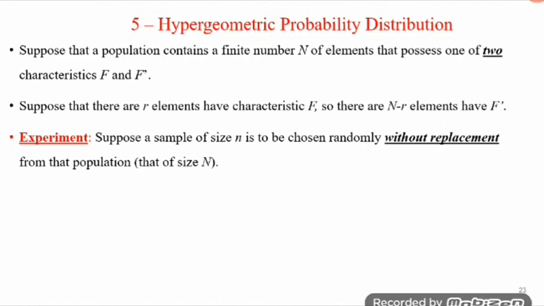This is a very important concern here, which is completely different from the binomial distribution, because the selection is done without replacement, so the successive trials will not be independent.